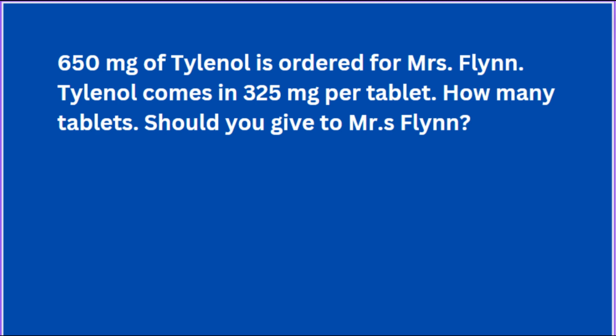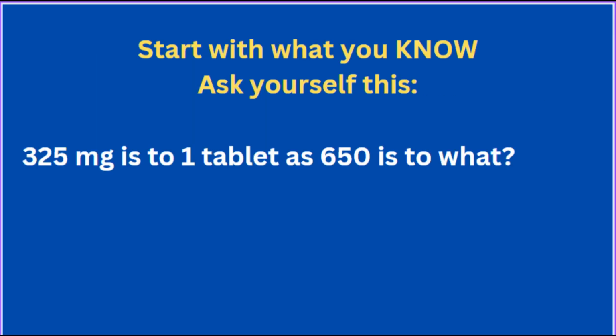But here's the sample that I want to use. So 650 milligrams of Tylenol is ordered for Mrs. Flynn. Tylenol comes in 325 milligrams per tablet. How many tablets should you give Mrs. Flynn? So let's first start with what we know. What do we know for a fact in this sentence?